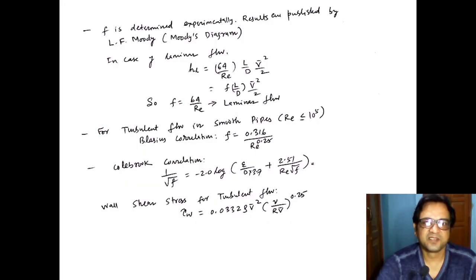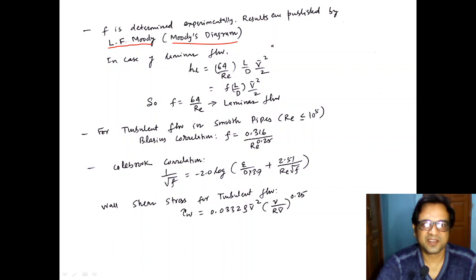Now, F is determined experimentally for turbulent flow, and a lot of experiments have been done by L.F. Moody, who put all the results in a diagram known as Moody's diagram.